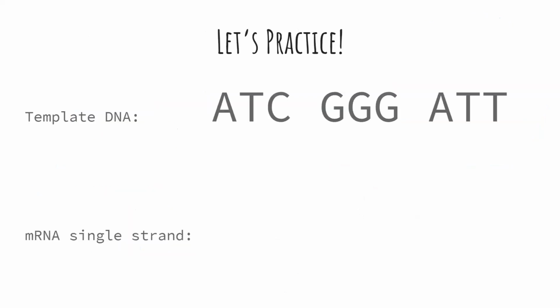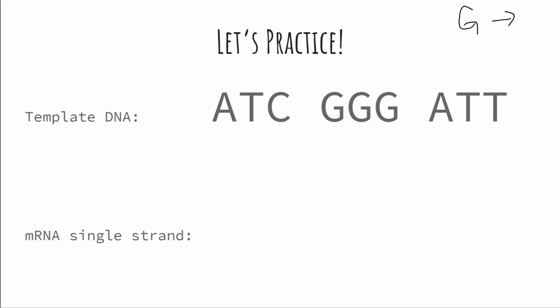So let's practice. Let's say we're trying to make a strand of mRNA from the DNA in the nucleus. We're going to go ahead and write our key, or our legend, at the top. So when creating an mRNA strand from a template of DNA, these are the bases that match up.